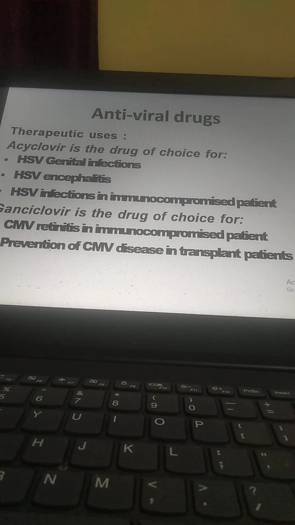So once you have a transplantation of any type, like liver or renal transplantation, we have to give the antivirals for the prevention of these diseases.